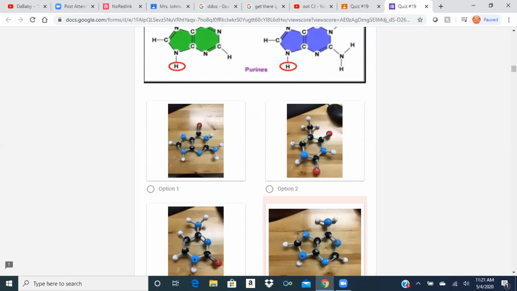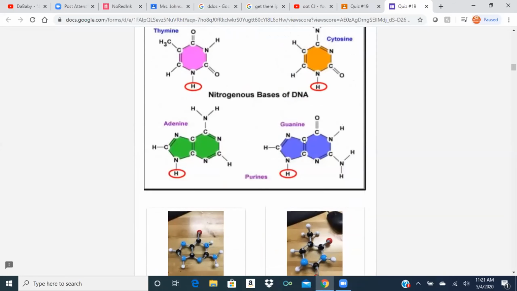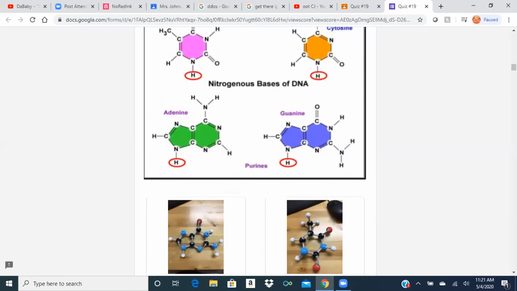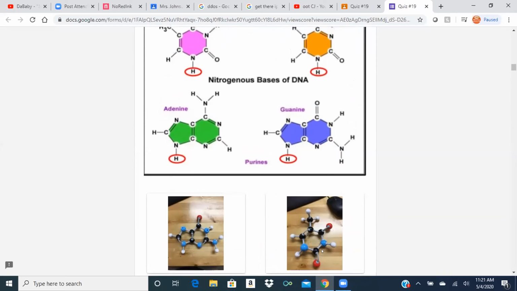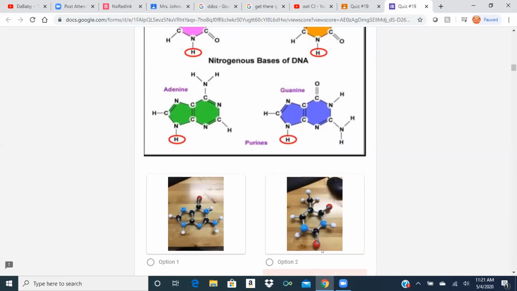Is this one right here, option 2? Why do you think it's that one? Because the red is oxygen, right? So on the top, in the middle, there's one oxygen, and on the side, there's another oxygen. Good job.